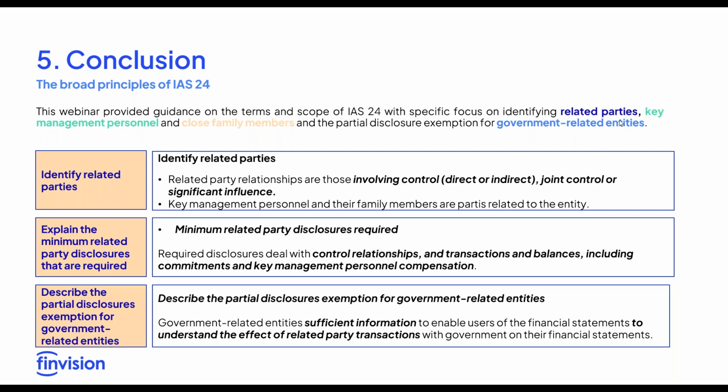And then, if applicable, know that if there's a government-related entity that is also a related party, you can apply for some exemptions. So not only control is relevant, also joint control and significant influence is sufficient to be considered as a related party. There are minimum requirements to do, and once those are in place, there's a quite extensive list on describing your relationships as well as transactions and balances and commitments.